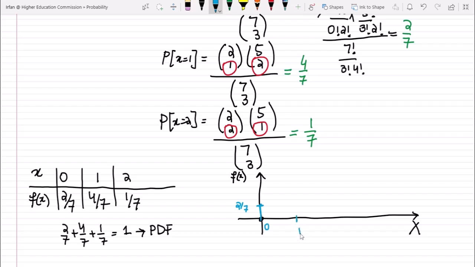For 1 I have 4 by 7, so it would be here. The last one is 1 by 7, and this is at 2. So what is this? This is the PDF plot for our question which we have done here.